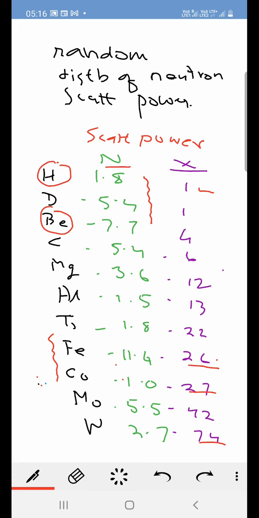It varies from 1.8 to a maximum of around 7.7, and all the values are close. So you can use neutron diffraction if there is a combination of a heavier metal and a lighter element, like in the case of a metal hydride. These are the two advantages we have found in the case of neutron diffraction.